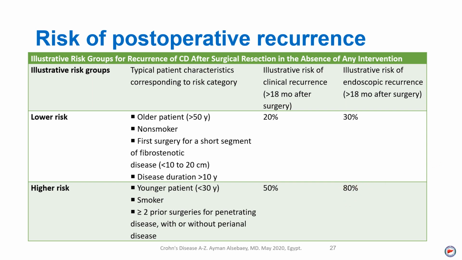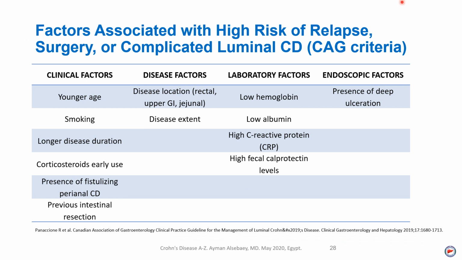Okay. We put this slide in the previous lecture. They are collections of the annoying scores or annoying investigations which alarm us that this patient is considered a high risk patient.